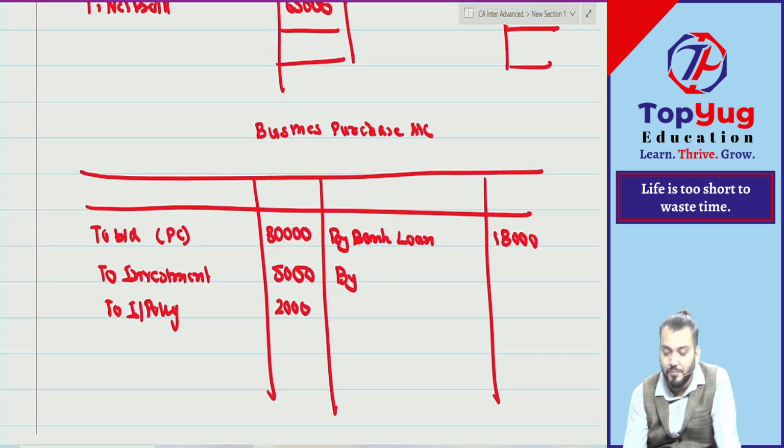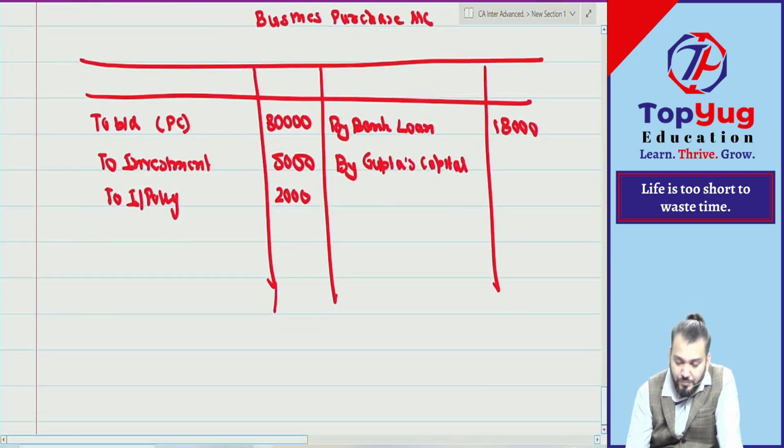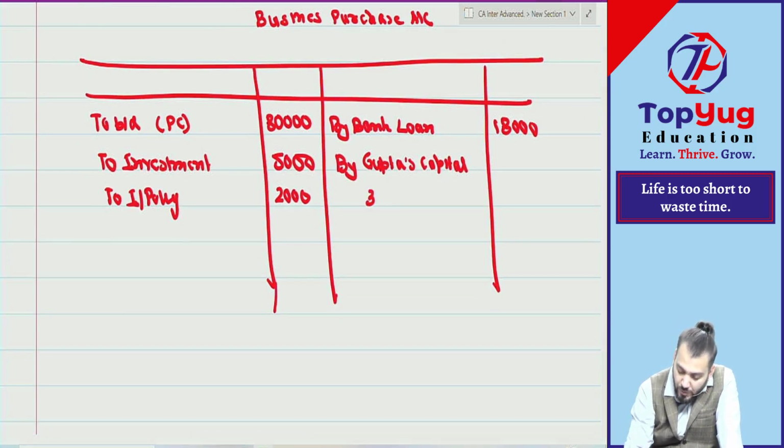Capital account of what? Gupta and Singh. Gupta's capital account after adding what? Profit. So what was the balance given? That is how much, Gupta? 30,000 plus 6,500.